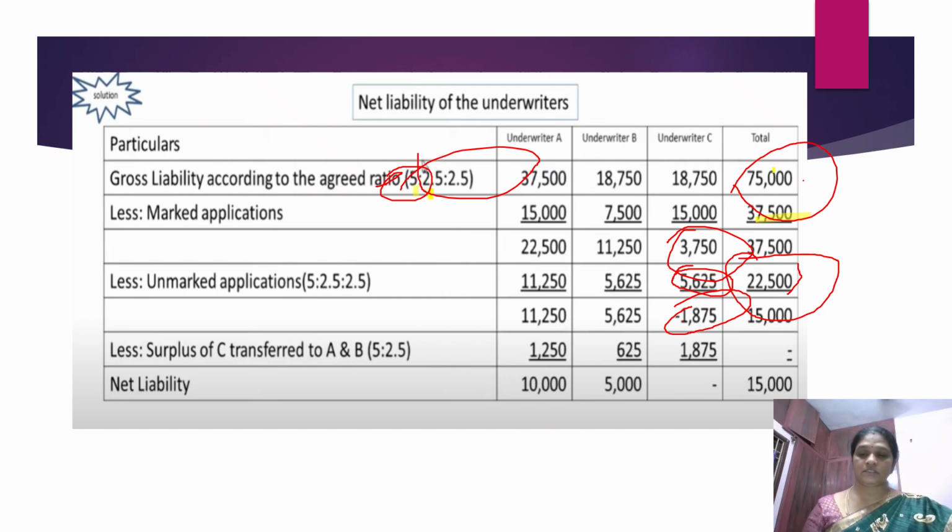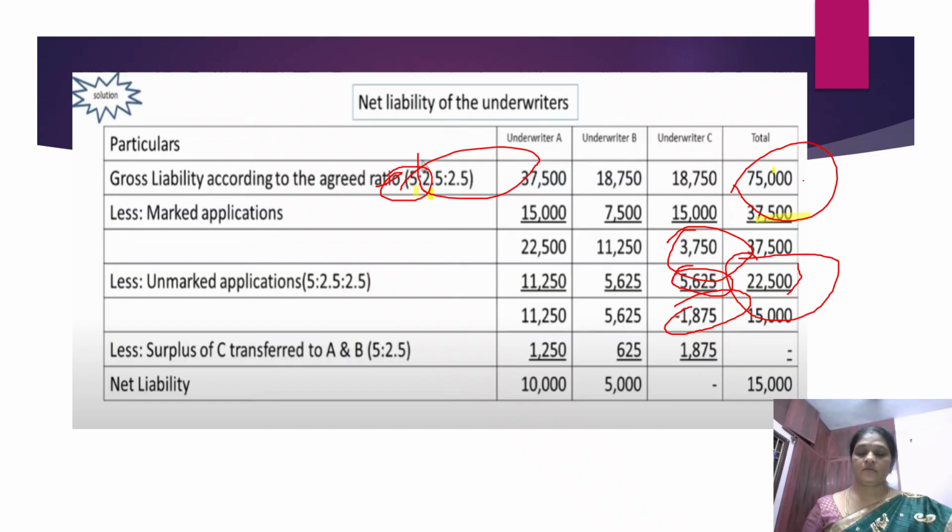Here the surplus belongs to Underwriter C, so we take only A and B, because C has the surplus.